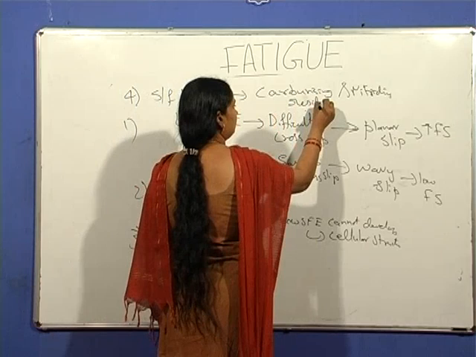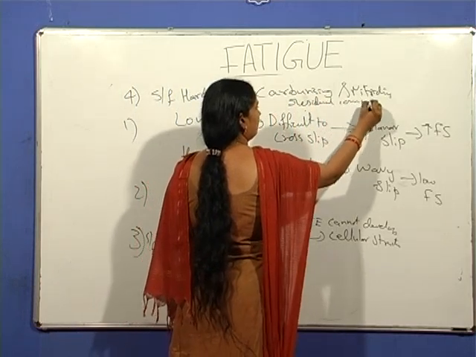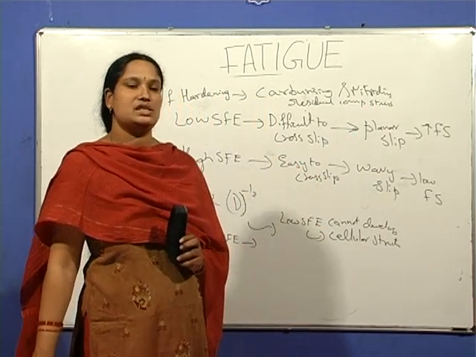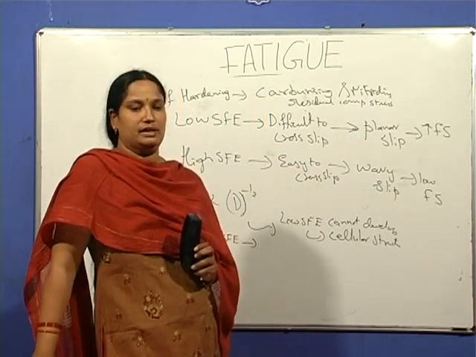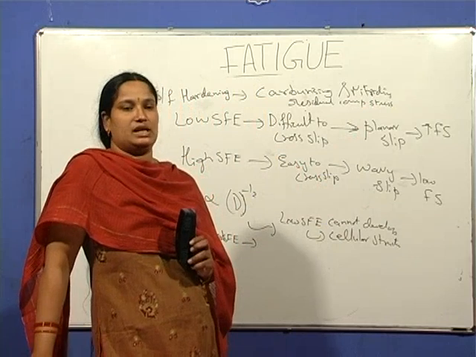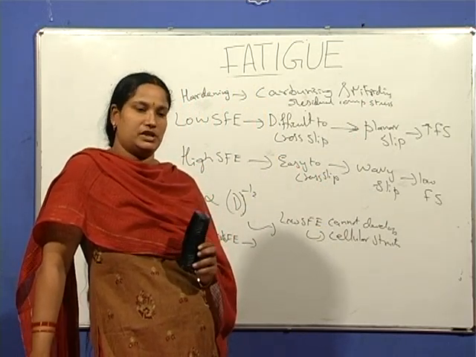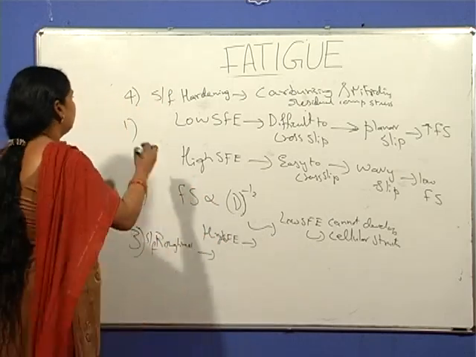These residual compressive stresses are beneficial in increasing the fatigue life of the material. So these surface hardening methods increase the fatigue life and the fatigue strength of the material.